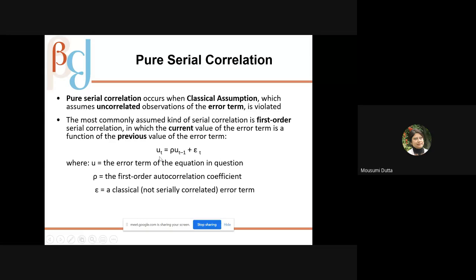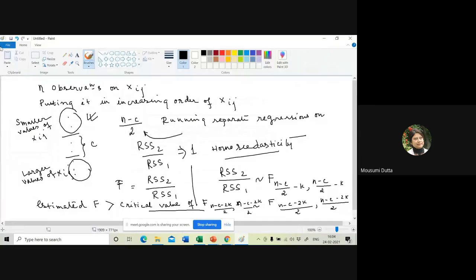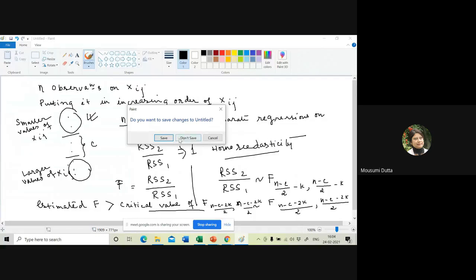Now, what is that particular pathway? It can be an autoregressive process, AR process. It can be a moving average process. It can be an ARMA process, or it can be an ARIMA process.